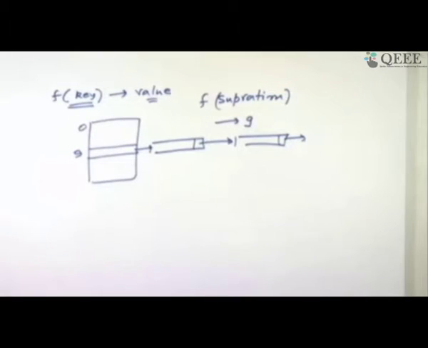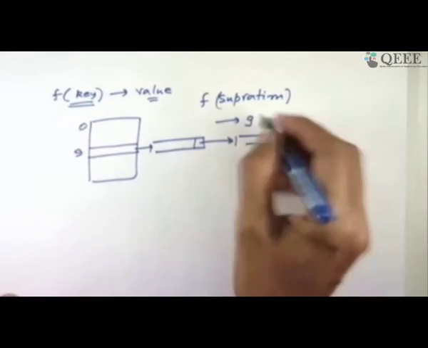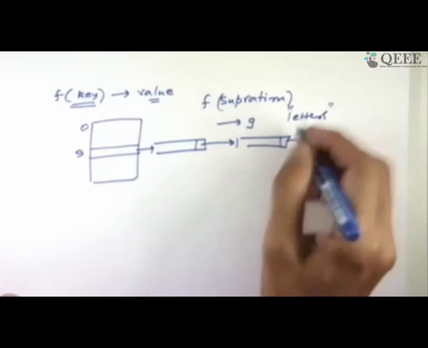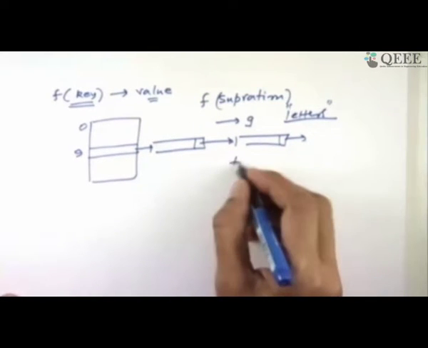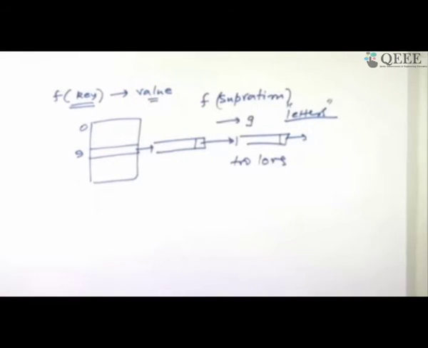So why do you do double hashing or more hashing? It's quite possible after hashing, I find that there are many names with 9 letters, which may or may not be true in general, and therefore one element of this list has become too long. Not all lists are of equal size. I would like them to be of equal size so that I can go to one place and search that list.